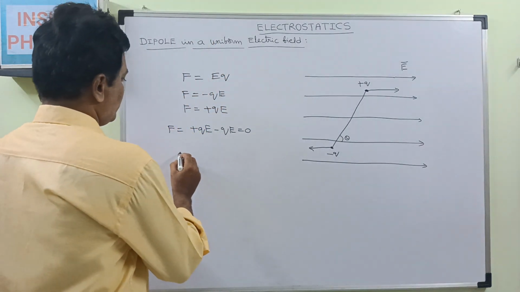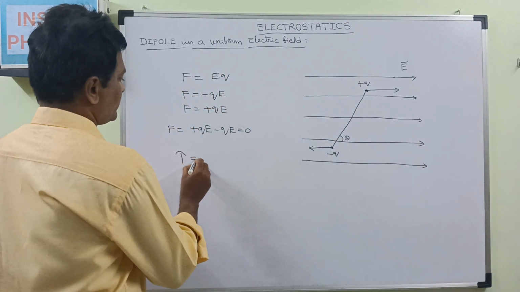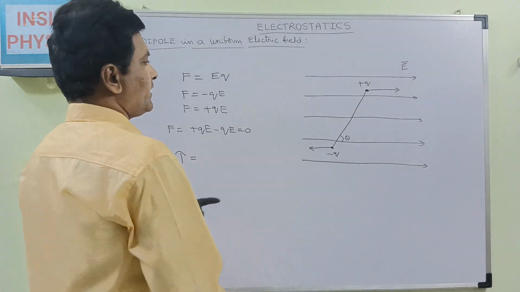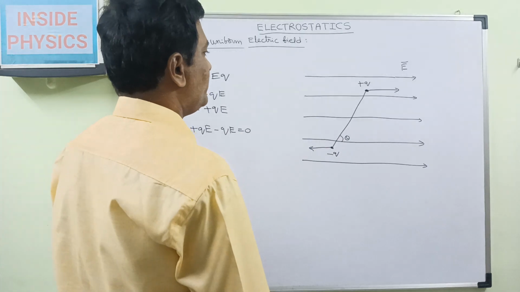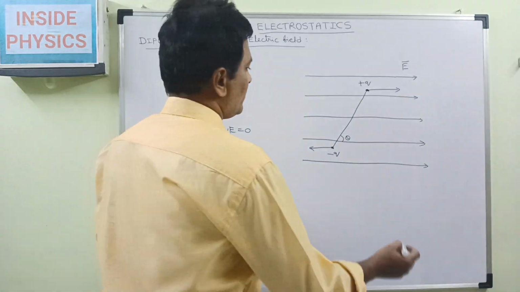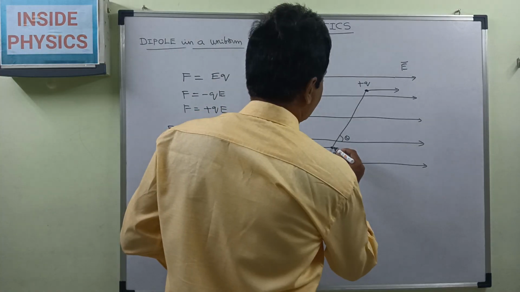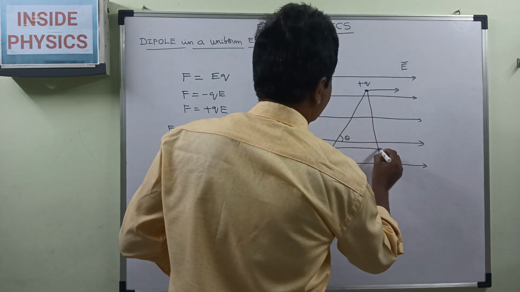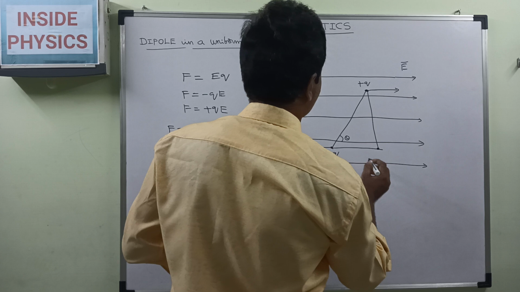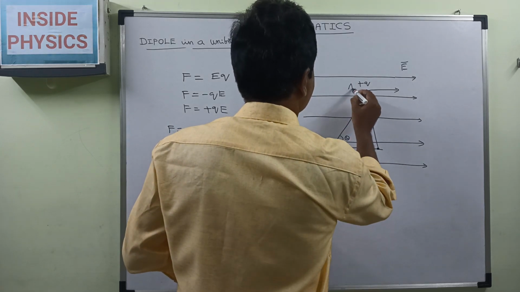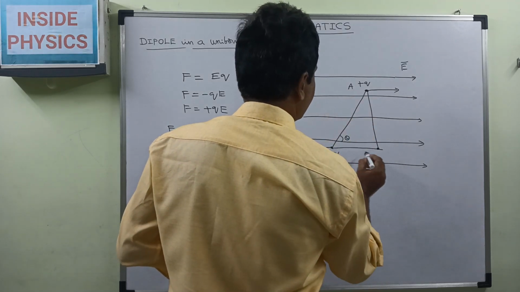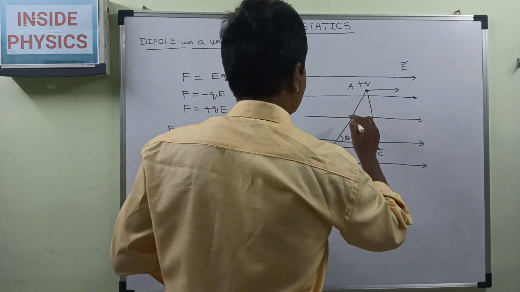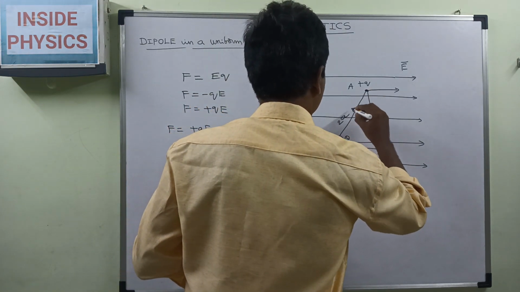We represent the couple with tau. The couple acting on the dipole will be calculated as follows. Consider the perpendicular distance between the forces, taking a triangle ABC, where the distance between the two charges is 2a.